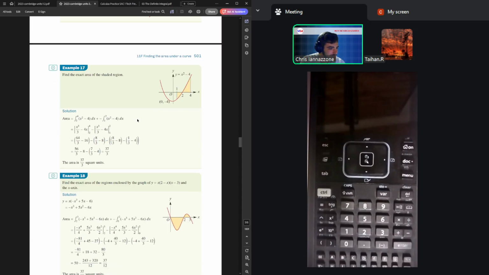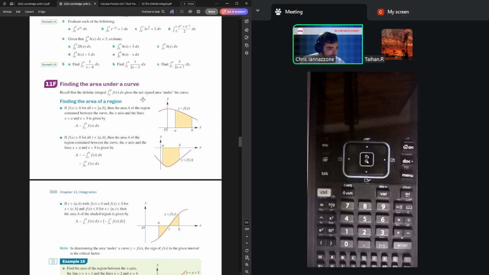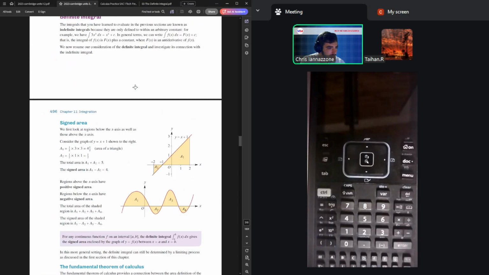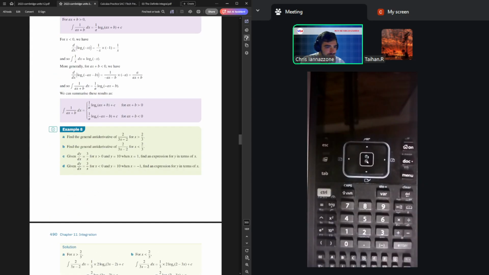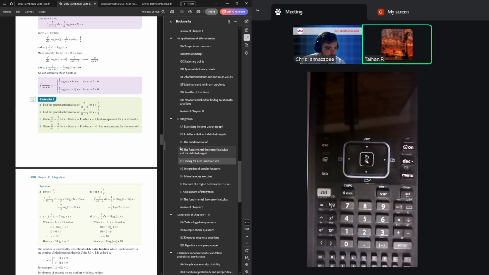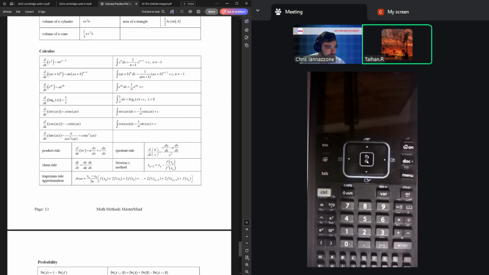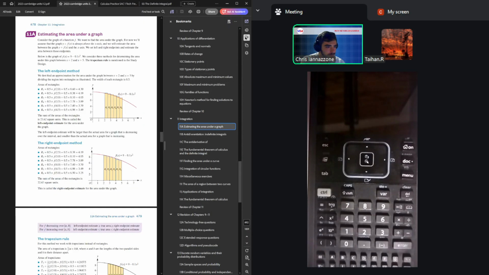I'm pretty sure all of these estimating the area, where is it? I'm fairly certain all the area estimation stuff used the trapezium rule anyway in the textbook as well. Okay. I think it was like 11A. Yeah, okay. Let's do a quick look.